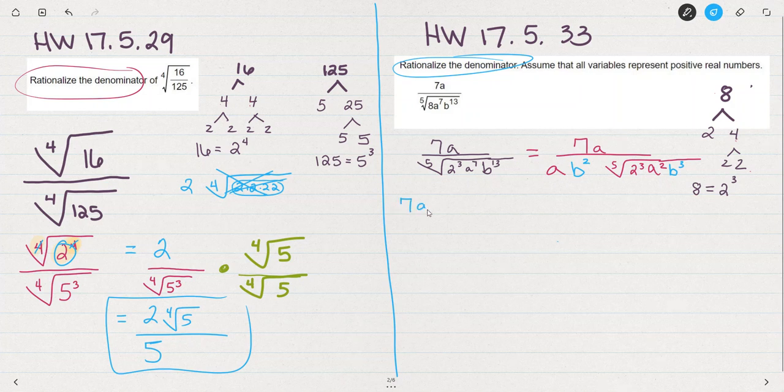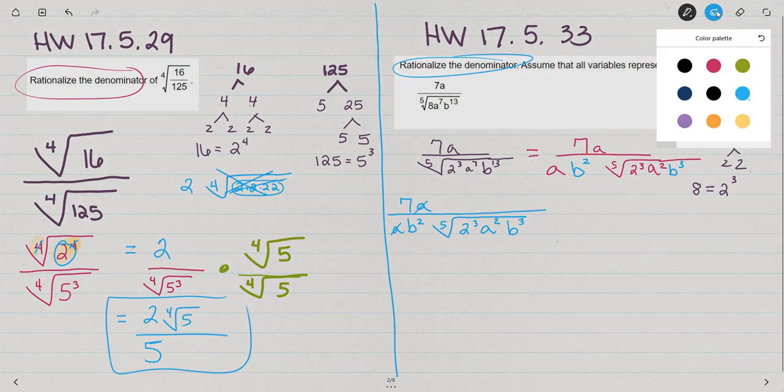So I've got a 7a and then ab squared with the root of 2 cubed a squared b cubed. When you look at that, do you see, by the way, that that a over a will reduce? So I could divide that out because a over a is going to be 1.